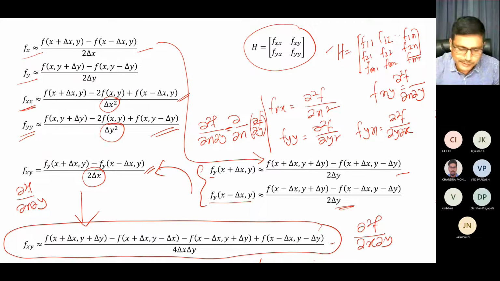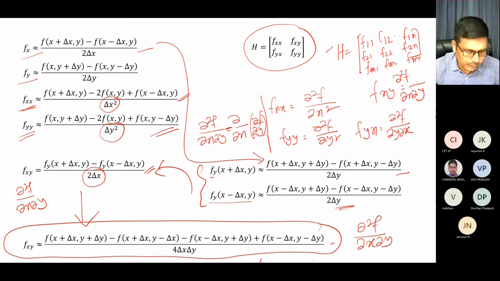I can calculate the Hessian matrix of any order. But what we are doing here is calculating this derivative using numerical methods. The question was how we are calculating it, and the second question was whether it will be computationally intensive.